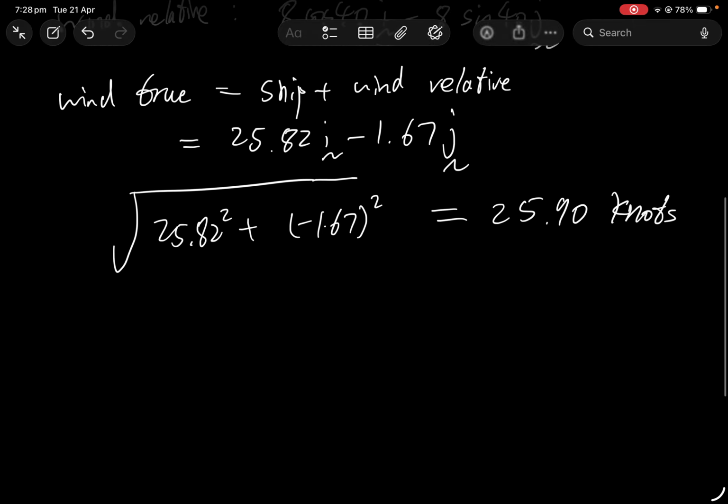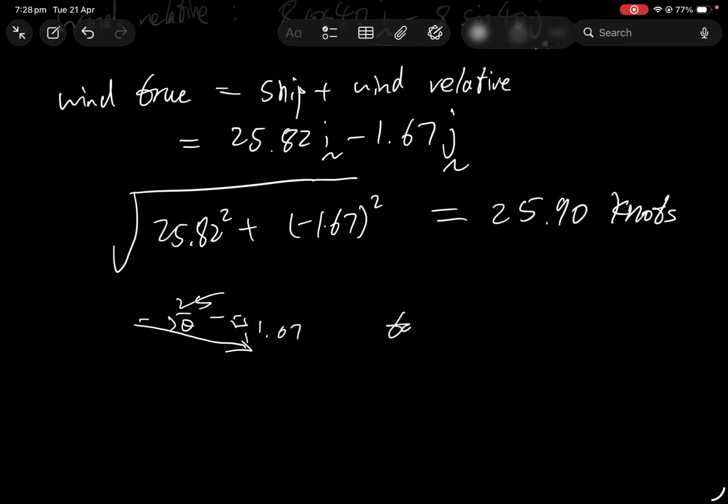And for the direction, we know it'll look like it goes this way and it also goes this way a bit. So it looks like that. So now that's 25.82, that's 1.67, and this is theta.